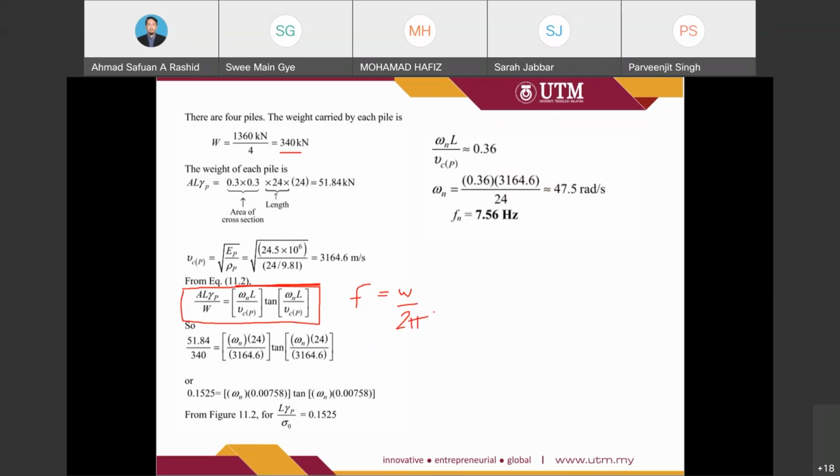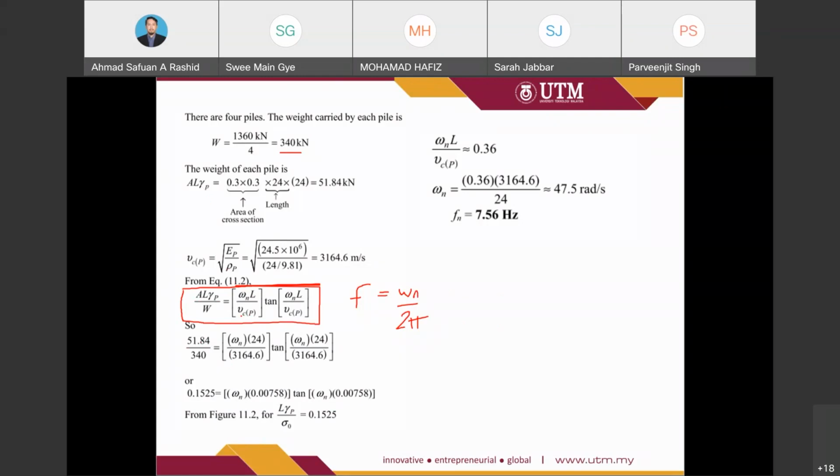So here we already have A L gamma P over W: 51.84 over 340. The length is 24, and then we need to determine the V_cp.